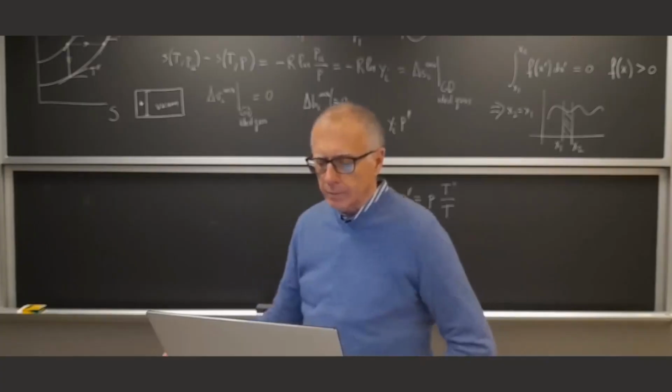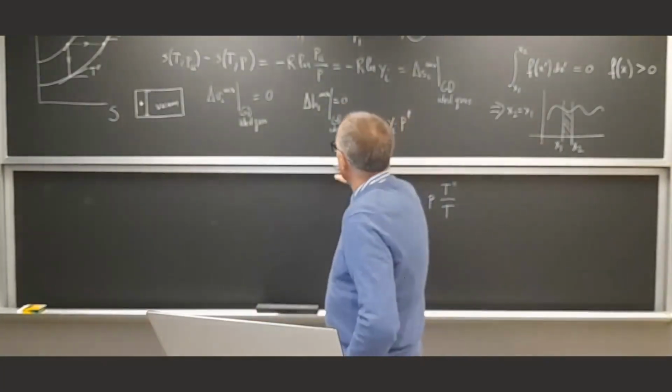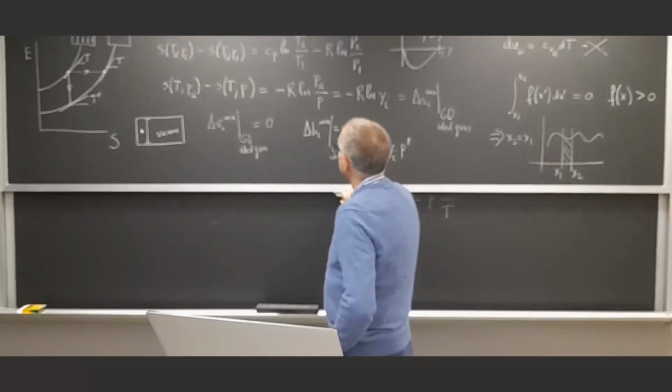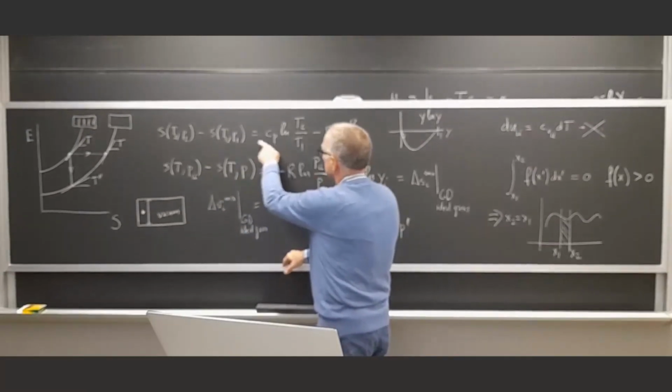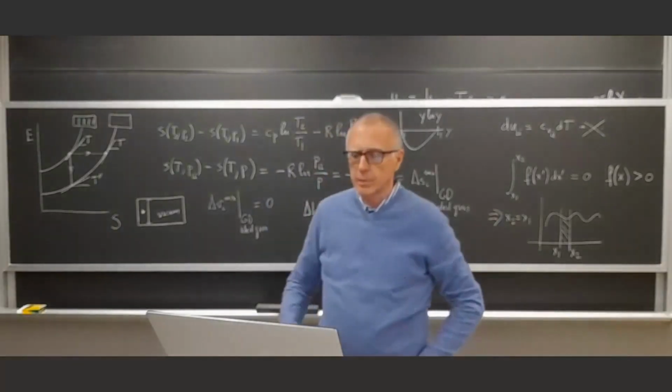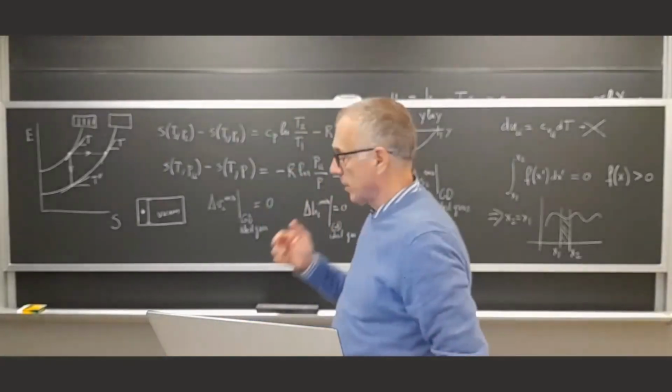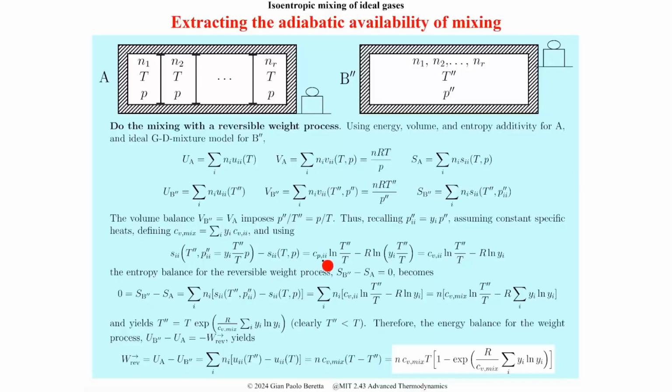Then I apply the relation for how the entropy depends on temperature and pressure. Here we also have a temperature dependence, so we also have the Cp log contribution of the ratio of temperatures minus R, the log of the ratio of the pressures.